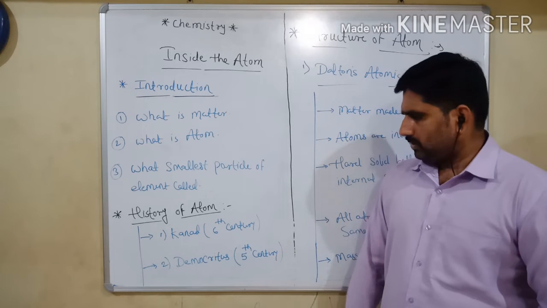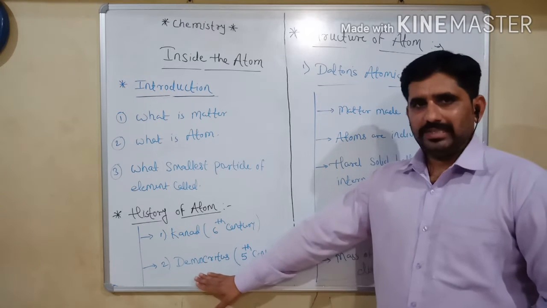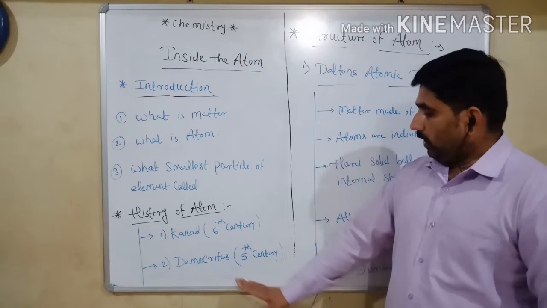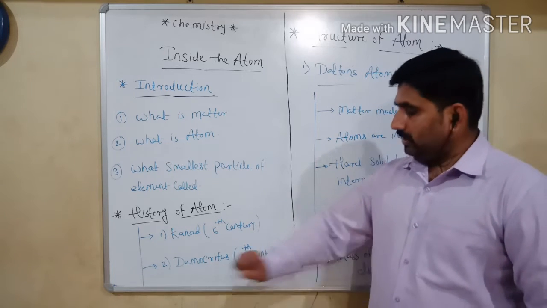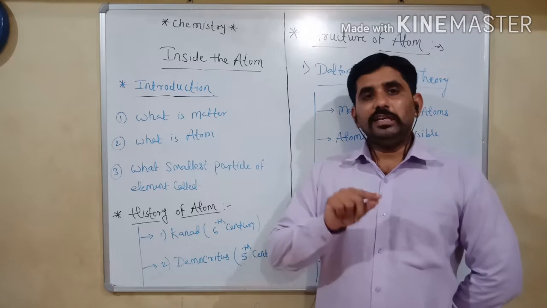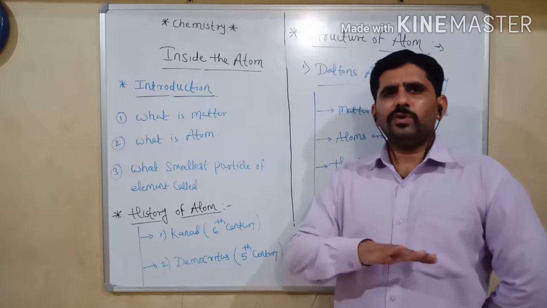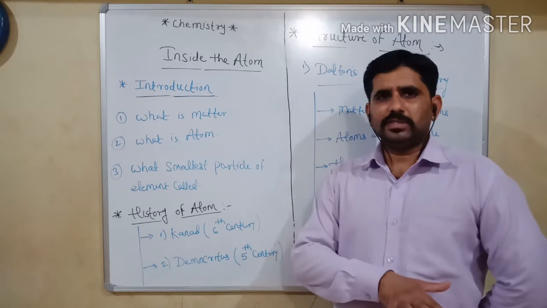The second scientist was Democritus, who was a Greek scientist. He gave his observation in the 5th century. He demonstrated that the atom is indestructible and single. Indestructible means we cannot cut the atom into many pieces.